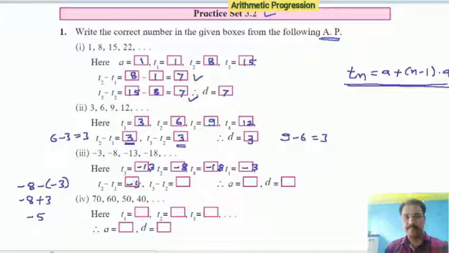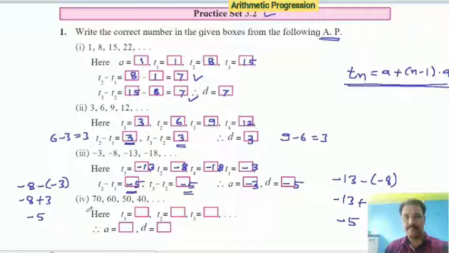Again T3 minus T2 is minus 13 minus (minus 8), so minus 13 plus 8, here it is minus 5. Both times we get minus 5 only. Here a means the first term, which is minus 3, and d is minus 5.